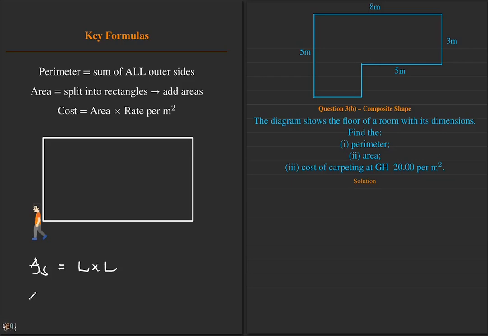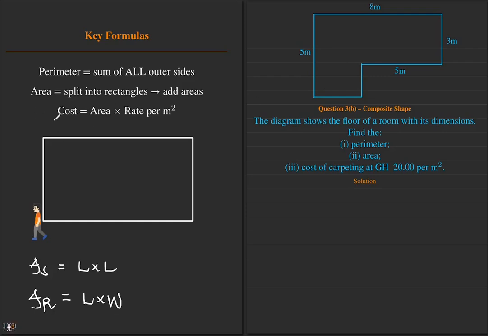If we have rectangles, the area of a rectangle is the length times the width. So you are trying to demarcate the composite shape into the various shapes that form it, and then you find the areas separately, after which you add them all together.